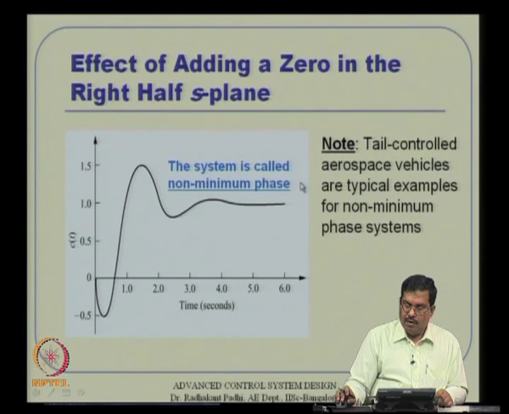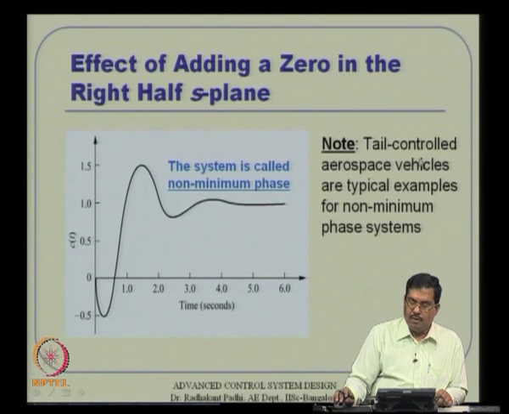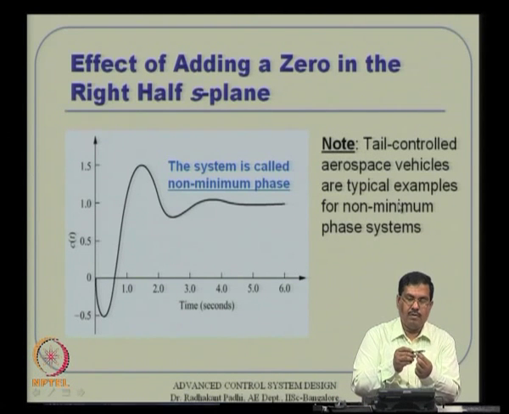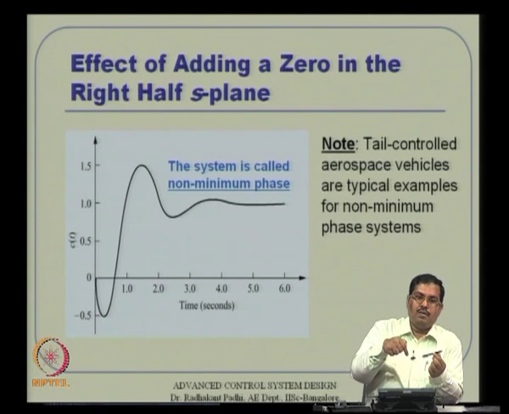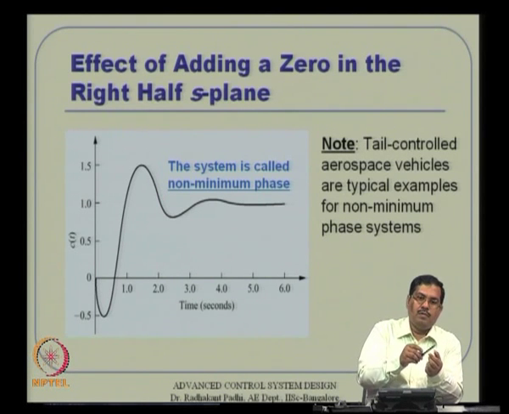A classic example is tail control in aerospace vehicles. Most of our airplanes are typically tail controlled, for maintaining nice aerodynamic behavior. But the moment you have tail control, the mechanism is such that, suppose you want to go up, first you apply a force downward so that the vehicle will rotate. Then there will be more force, so then it will go up.